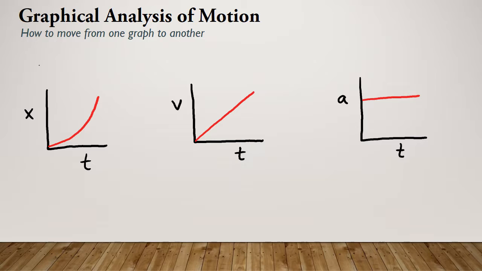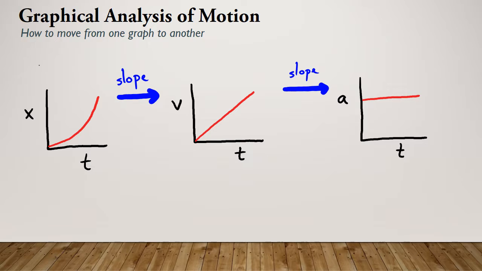So if I have a position graph and I want to figure out velocity from it, then all I need to remember is I will use the slope of that position time graph to figure out an object's velocity. Same thing where if I have a velocity graph and I want to know what the acceleration is, I will always use the slope of a velocity time graph to get the acceleration.